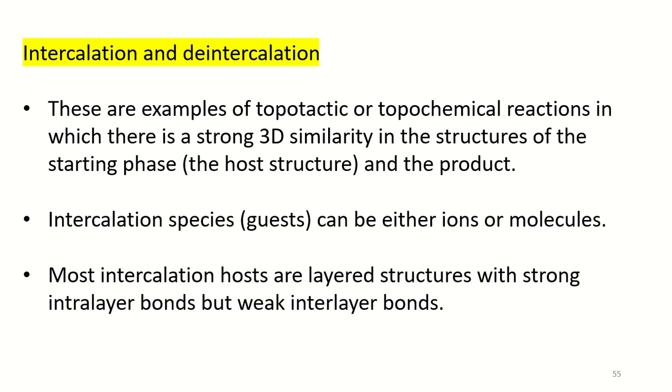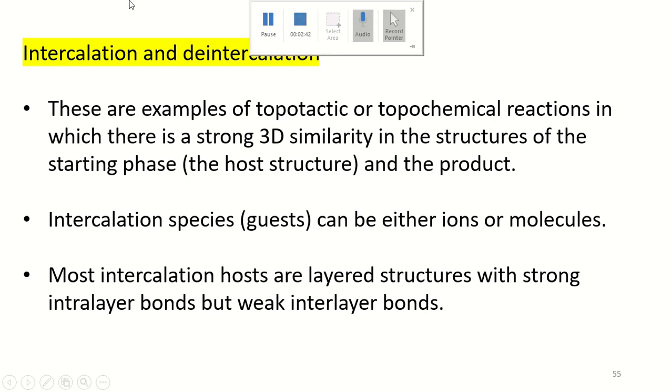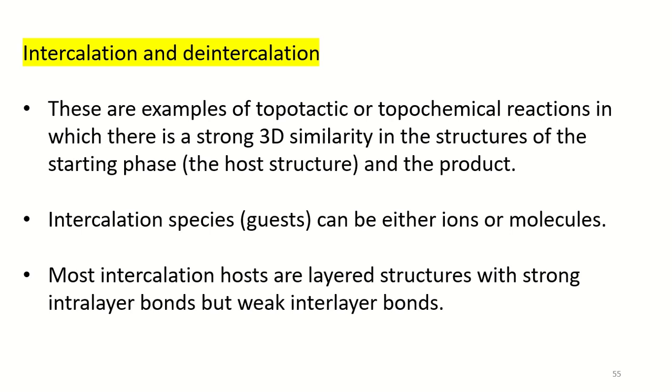The intercalation guest species can be either ions or molecules. For intercalation and deintercalation reactions that involve addition or removal of ions, the common ions are lithium, sodium, H+, and O2-.